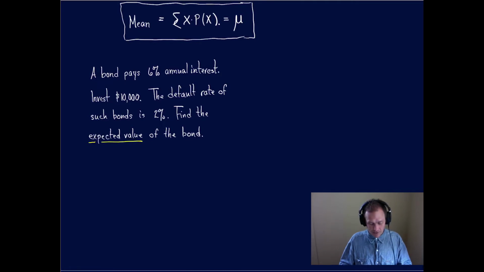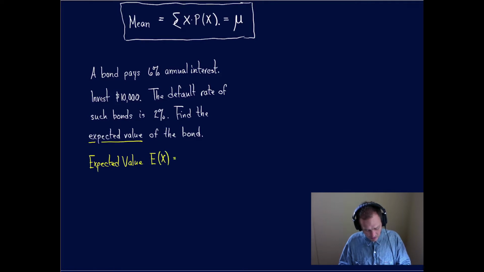Here's what expected value is. We usually write it as E of x equals, and all it equals is mu for a probability distribution, when, this is the funny part almost, when money is concerned.